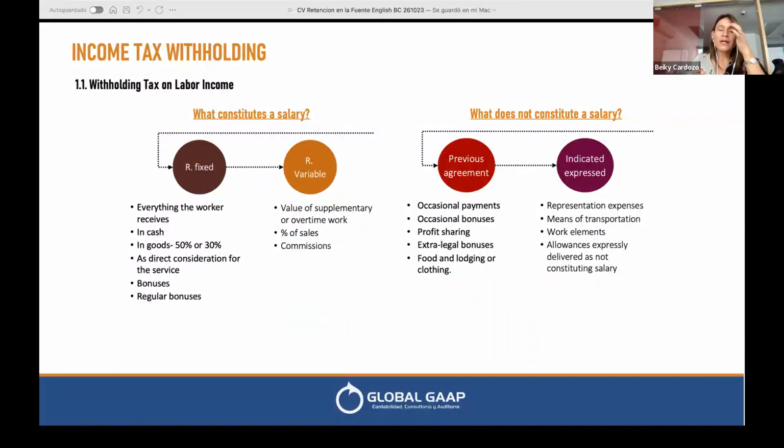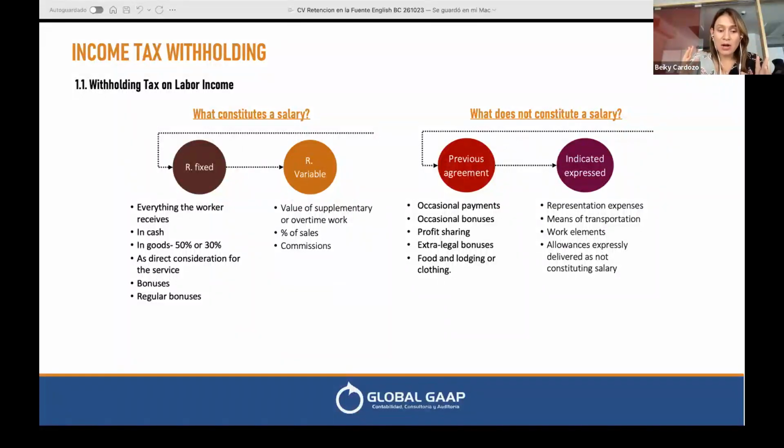I'm going to explain that a little bit further. So, when you have a salary that is the minimum wage, which at the moment, let's say, I'm just going to give an example, is 1 million. If the employee makes that minimum wage, then this 30%, so that's 300,000 pesos, can be excluded from the payment of the Social Security, but you have to have an agreement with the employee.